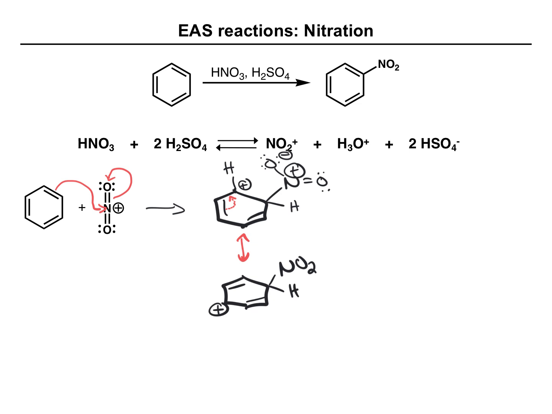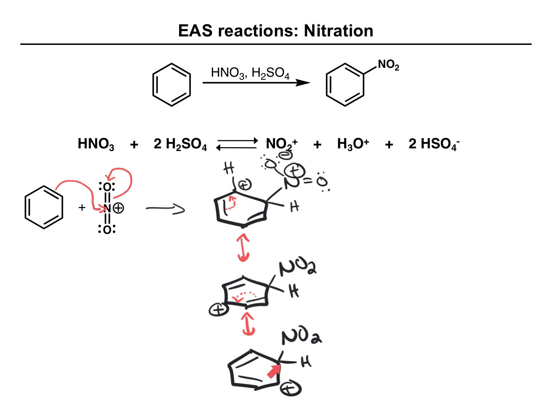We can draw another resonance contributor if we imagine these electrons move this way, giving us this resonance contributor. We can't move any further because now we have an sp3 hybridized carbon.